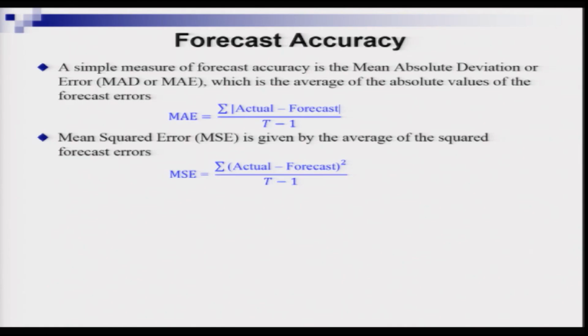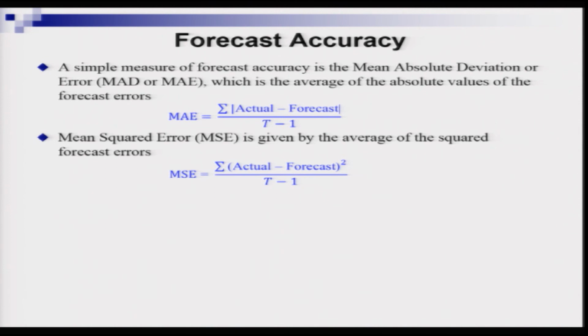So, there is a need to have some measure for the goodness of fit of your time series analysis or modeling, and there are several measures available, but in this course we are going to talk about only 2. Possibly the simplest measure of forecast accuracy is the mean absolute deviation or error, abbreviated MAD or MAE in textbooks, and that is basically the average of the absolute values of the forecast error.